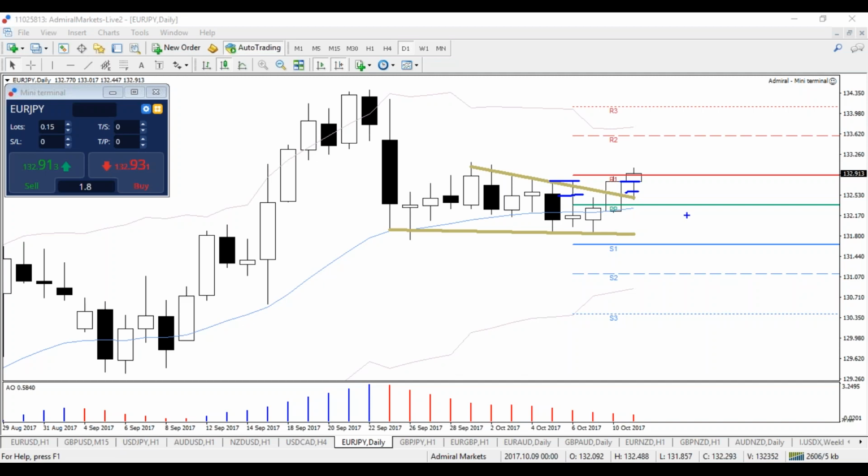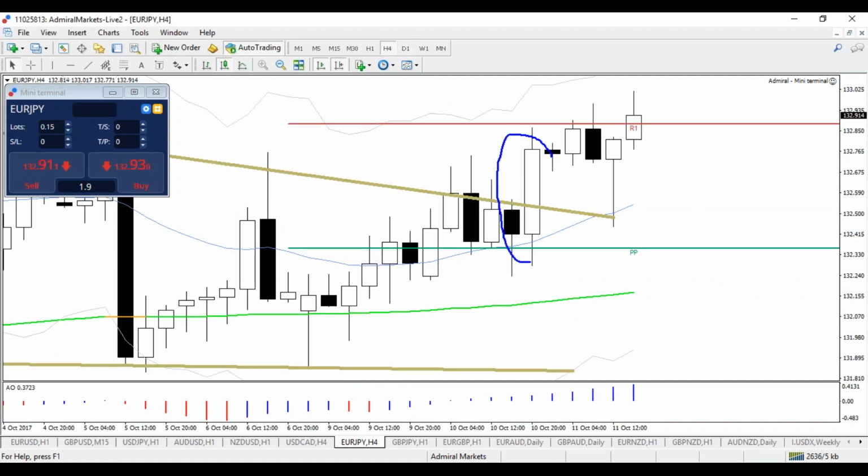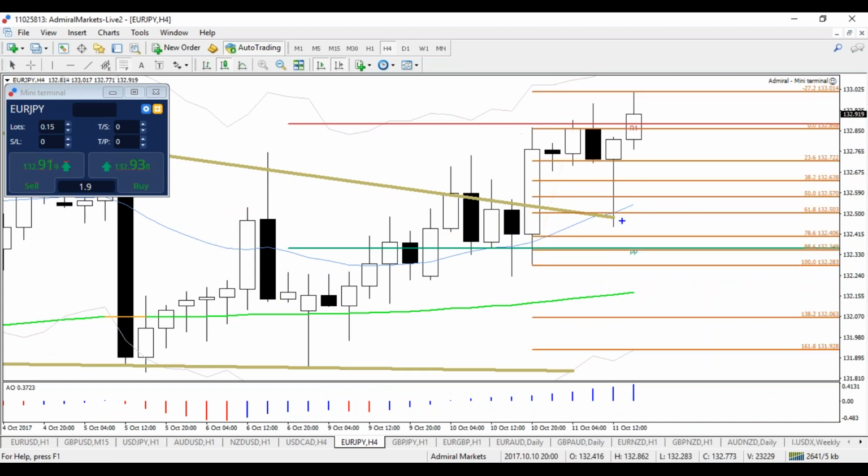And on a 4-hour chart, there's the Marubozu candle. I'm not sure if you know his idea, but you put a fib on that, and there are some other things to it, but these fibs can always be support levels, so that could have been one way of trading that retracement as well. So that's a break, pullback here.